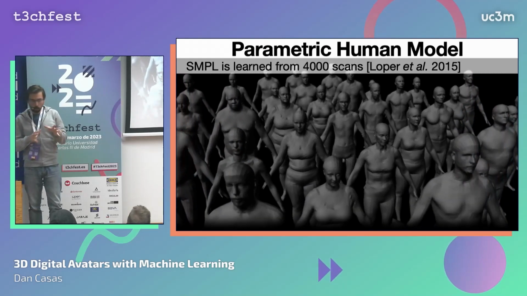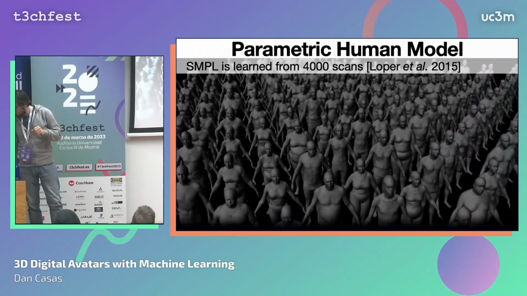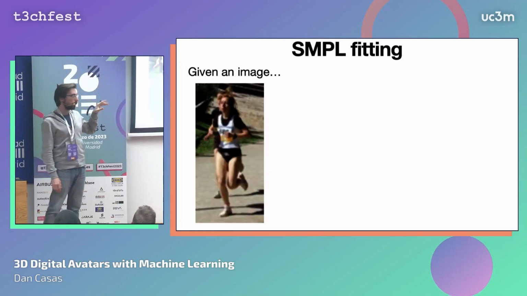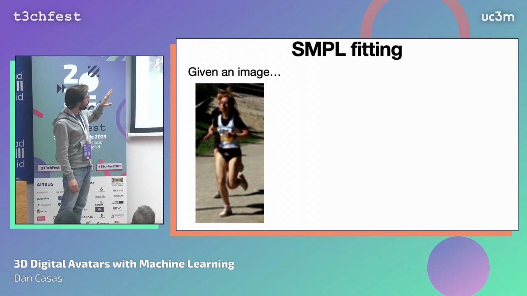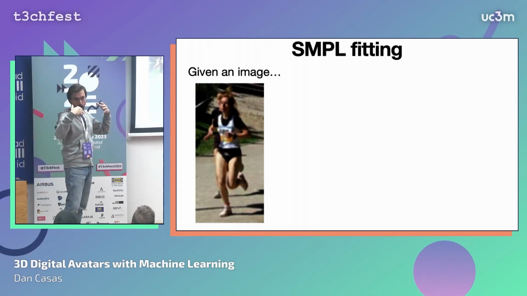Okay, so now we know more or less how we can approximate humans, right? One question you might have is: if I have an image of ourselves or somebody else, how do I find the parameters of this human? Because if we want to do virtual try-on or virtual shopping, we need to get our own virtual human.